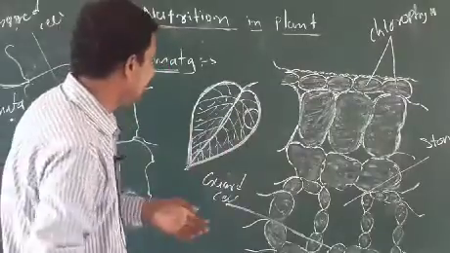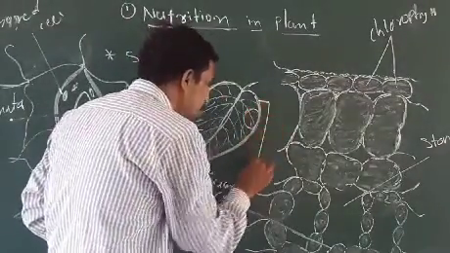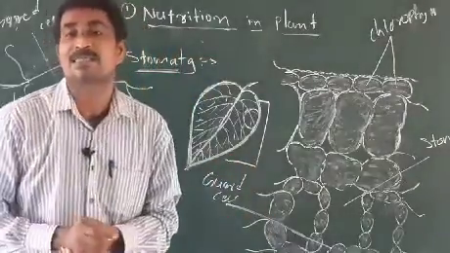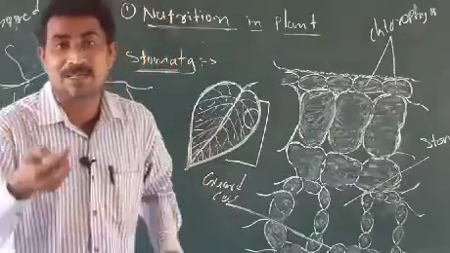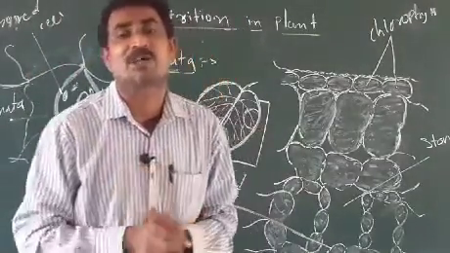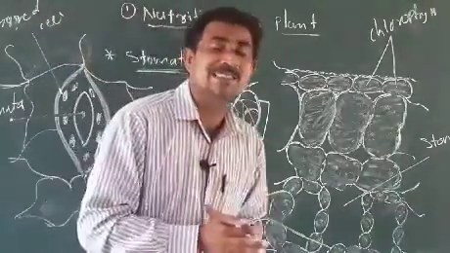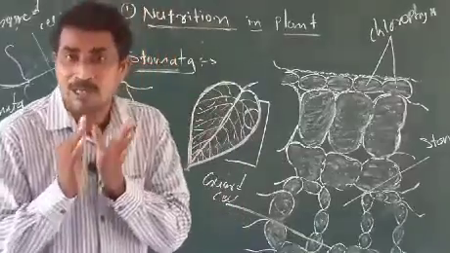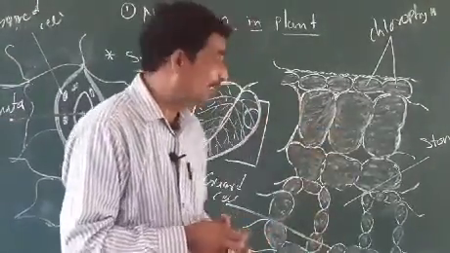When we go to a lab and take a cross section of the leaf, we can see how the structure is, and which cells are available in the leaf.